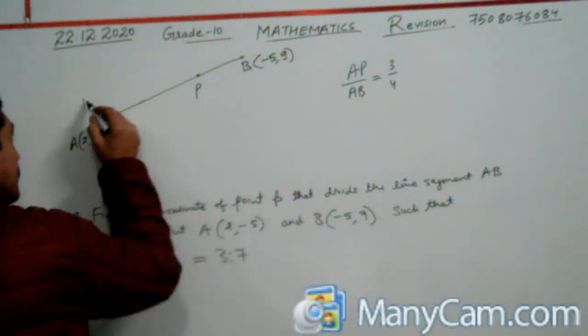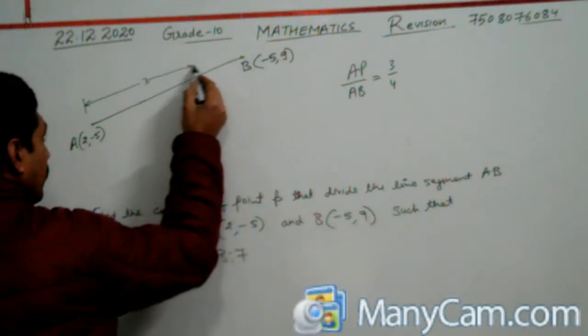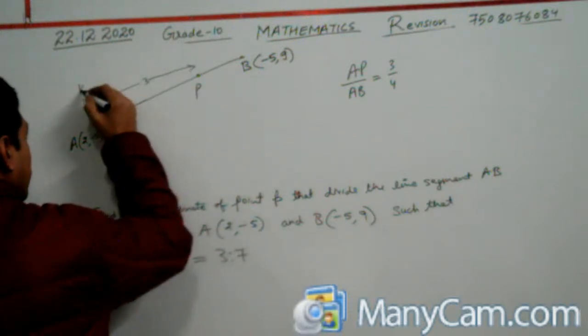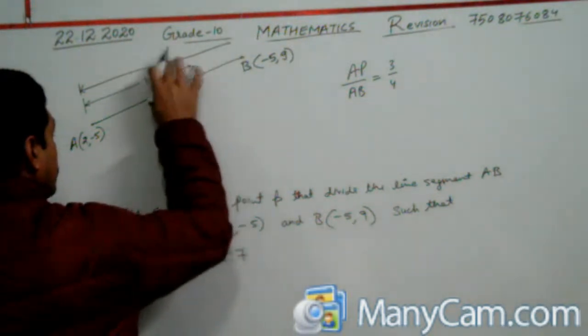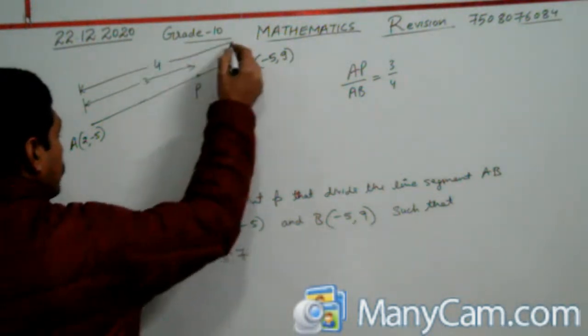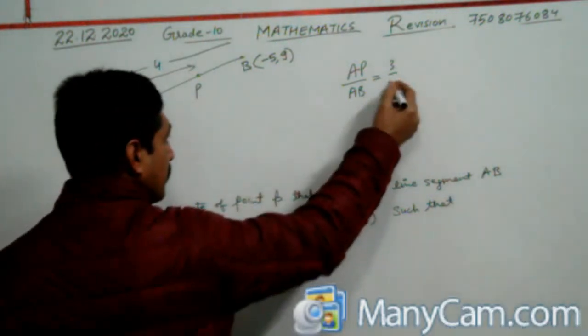This distance is 3, and this distance here is 4. Sorry, not 4, the total ratio is given as 7.